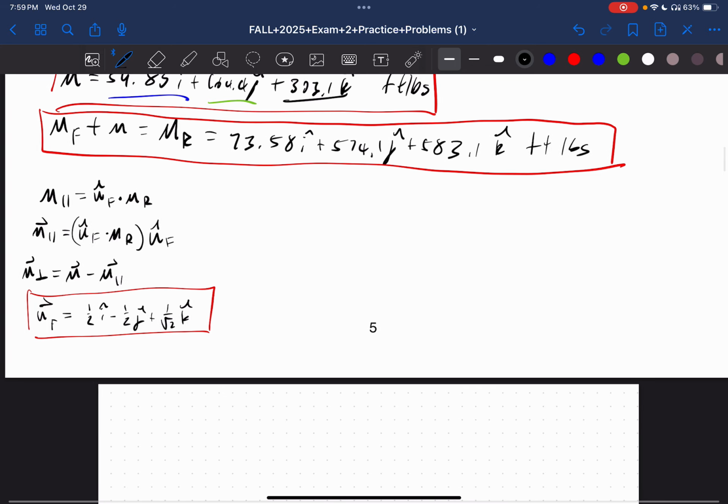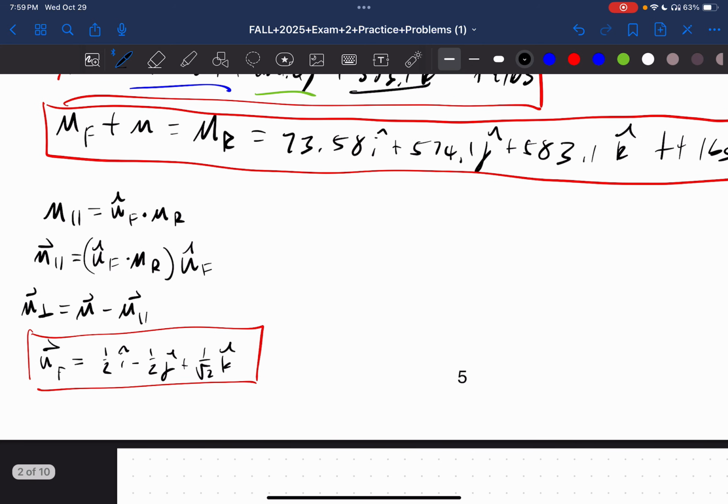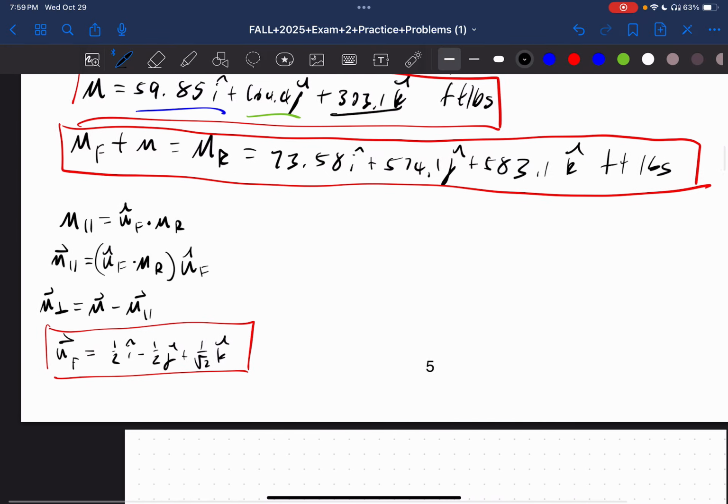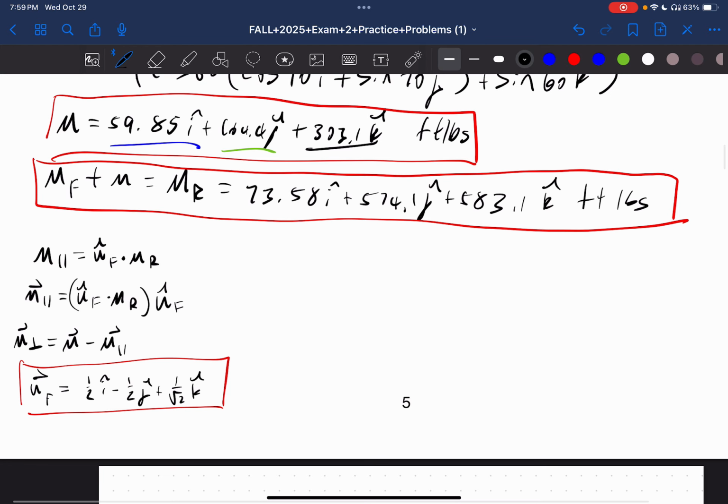And now that we have this, we can just do the unit vector of F, so the direction of F, dotted with the moment resultant. It'll just be this entire thing right here dot uF.